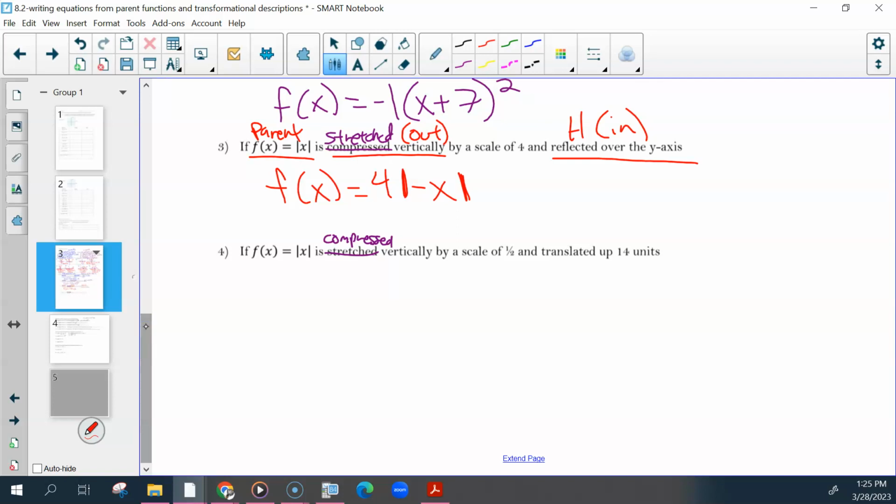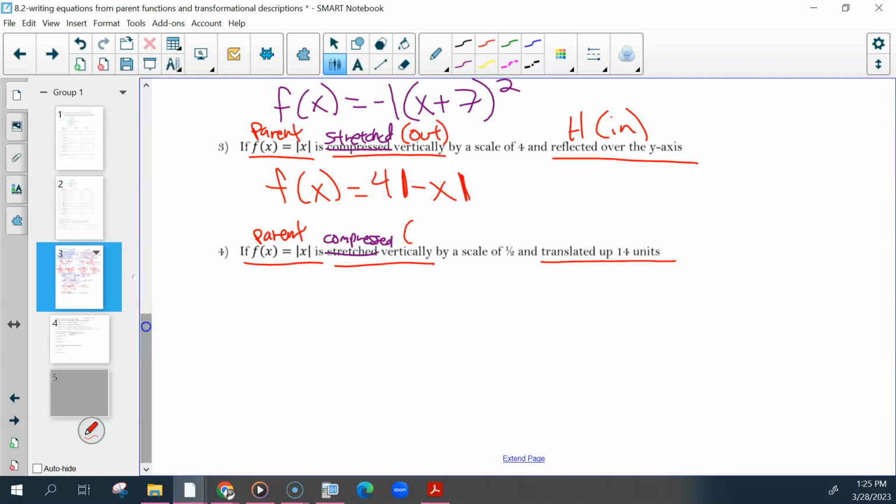Then our last one, again, we have our parent function. What are the transformation words? Compress vertically, yes. That's important for when you write it out. Translate it up. It's vertically, so inside or outside?